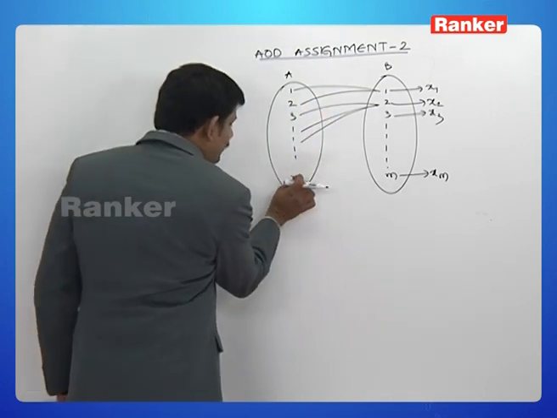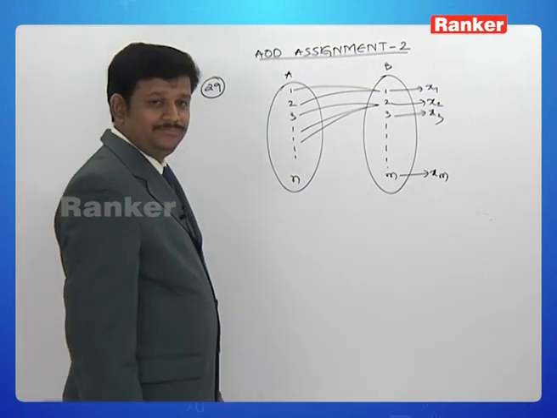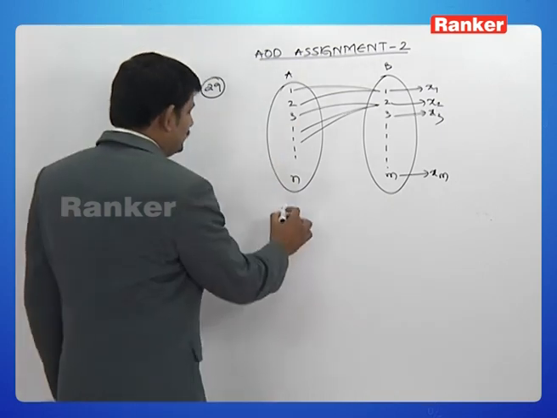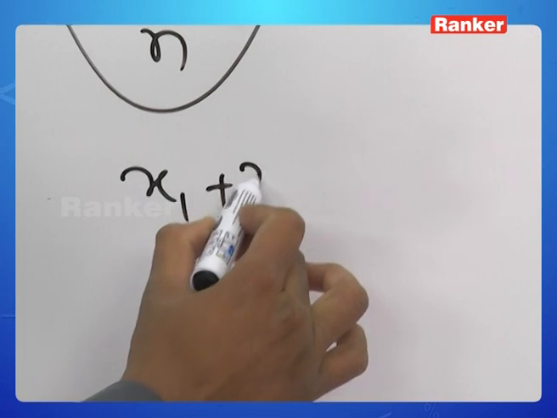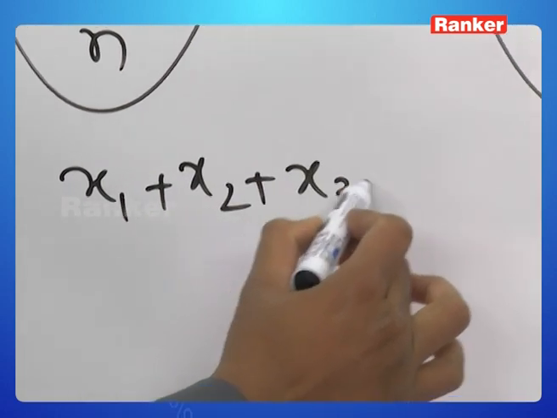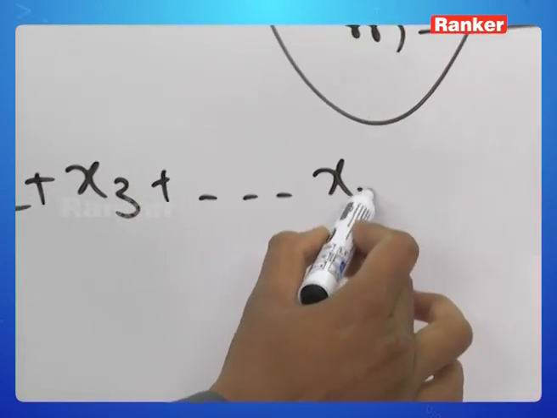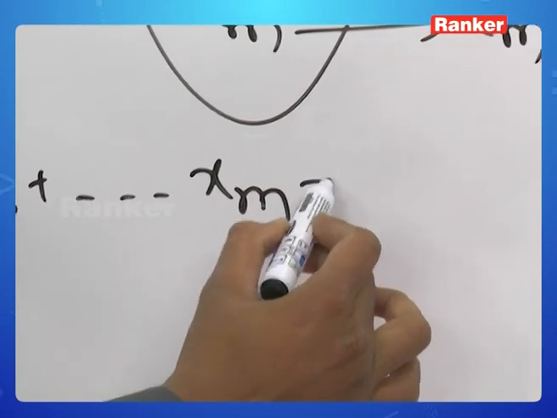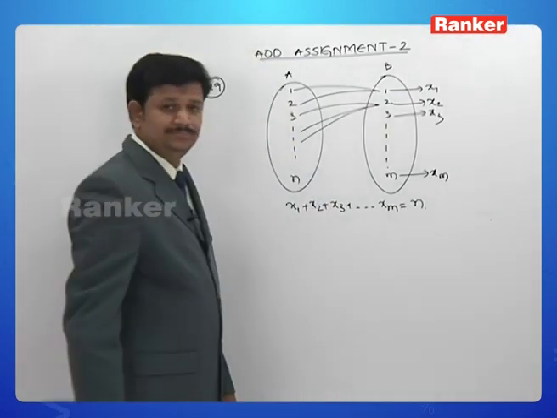So, the number of different mappings from A to B are nothing but the number of non-negative integral solutions of the equation x1 plus x2 plus x3 plus so on up to xm is equal to n.